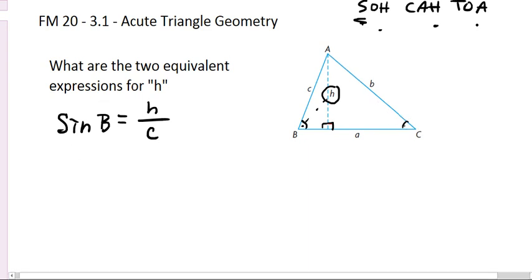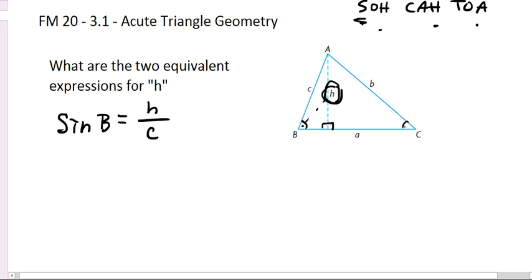So how is H related to C? What equation can I make with the angle C and H in it? Sine of C equals H over B. Do you guys agree with that? Good.